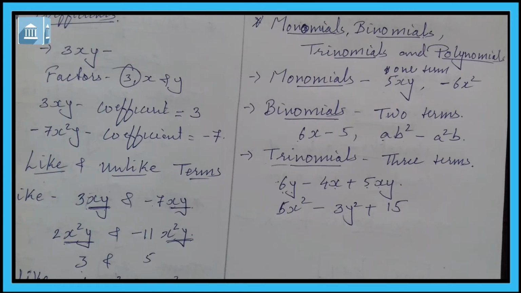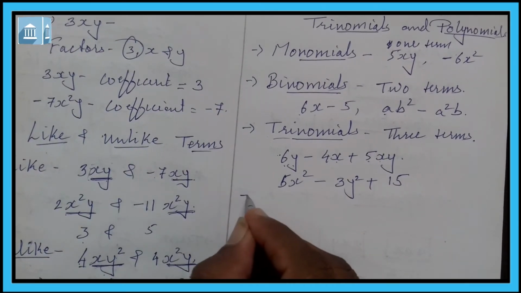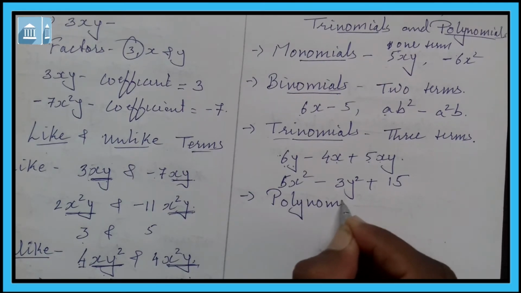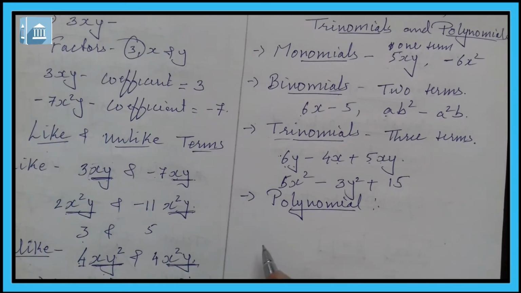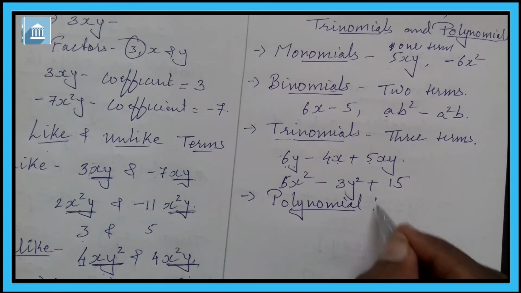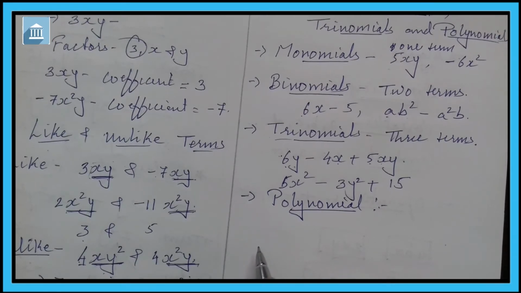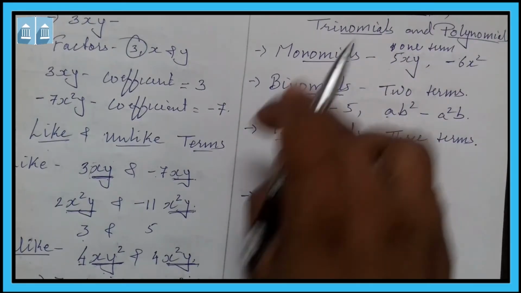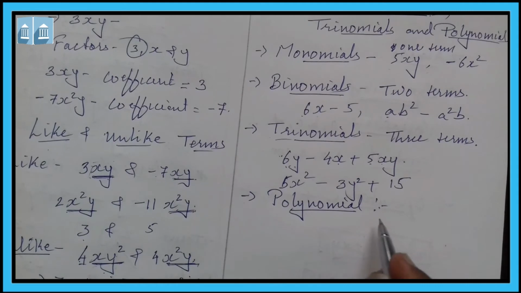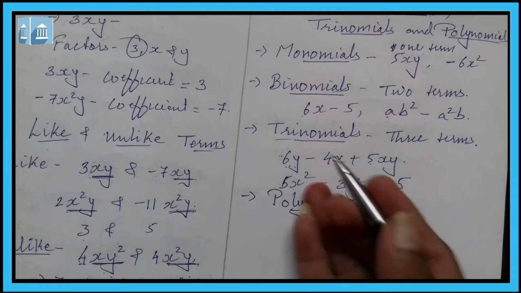Now let us see polynomial. Poly means more. So the expression with one or more terms is known as a polynomial. All of these are included in polynomials: monomial, binomial, trinomial, or more than three terms.